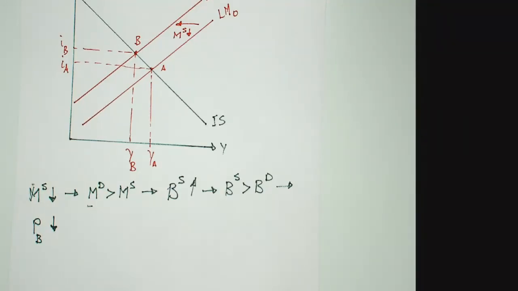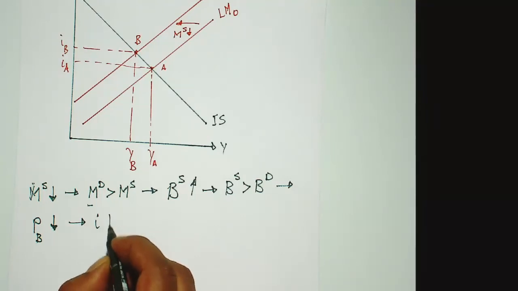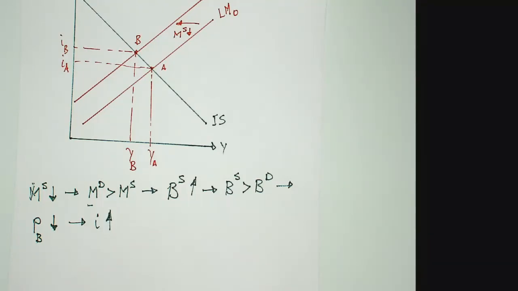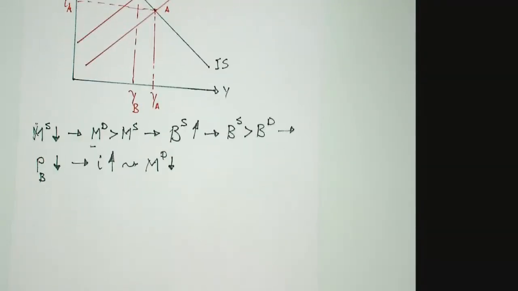So the price of the bond would fall. And we have already said that there is an inverse relationship between the price of bonds and the interest rate. So the interest rate would, in this case, increase. This is again to say the opportunity cost of holding money would increase, which would lead to decreasing money demand.